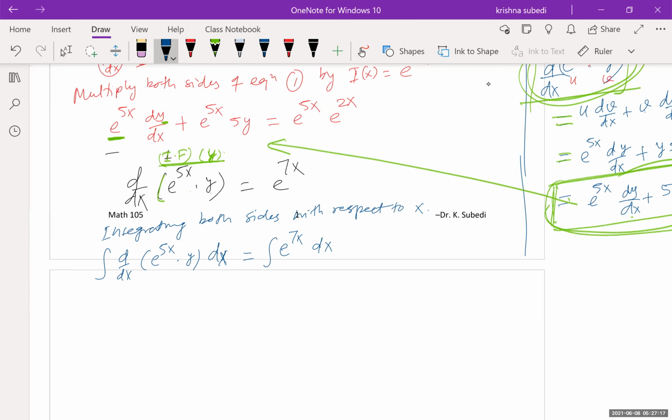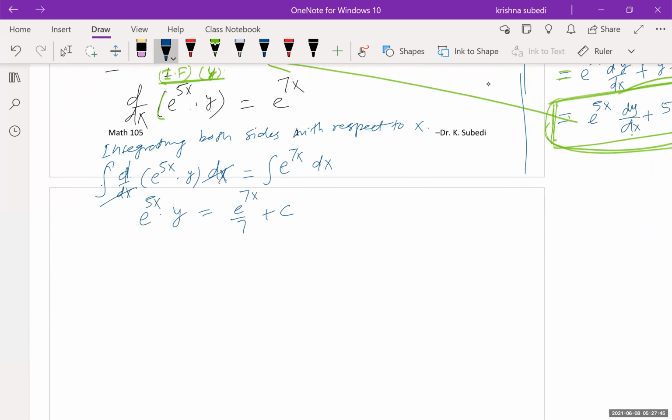Now integration and derivative, what happens? Antiderivative and derivative, you simply get e to the 5x times y on the left hand side. On the right hand side, what do you get? You know the integration of that, which is e to the 7x over 7 plus c.